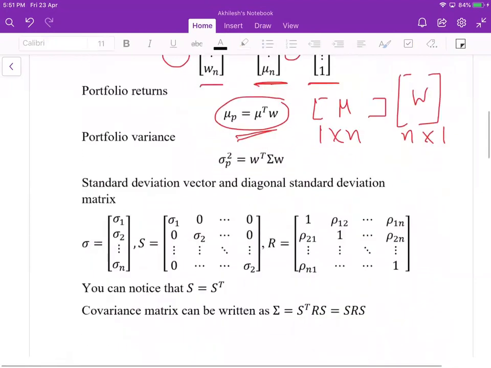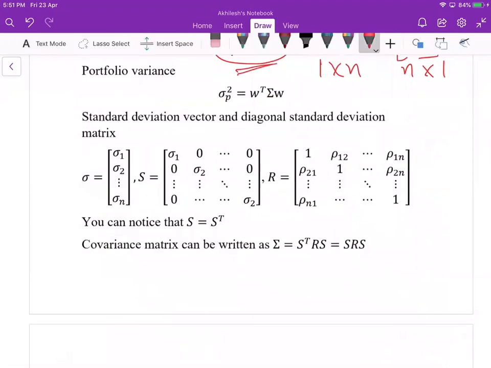Some more matrix notation which we need. As we have already seen, this is the variance-covariance matrix.